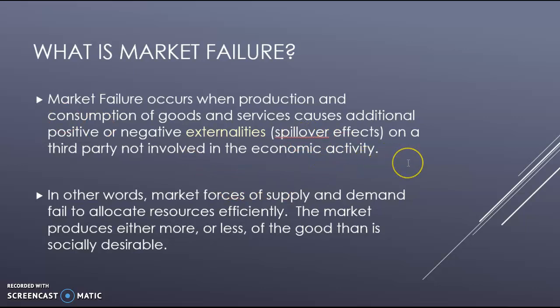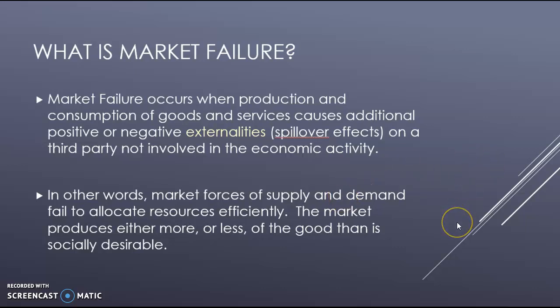One of the first things we need to understand within market failure is the idea of externalities. This is the idea that when something is produced and consumed, sometimes the wider society or community or the people around the producer or the consumer are affected in some way. Now that could be that they are affected in a good way or perhaps more commonly in a negative way.